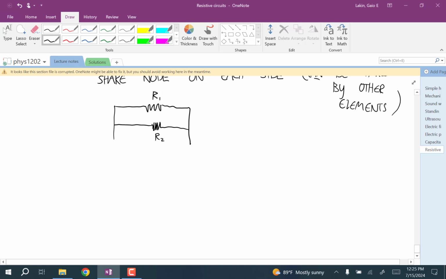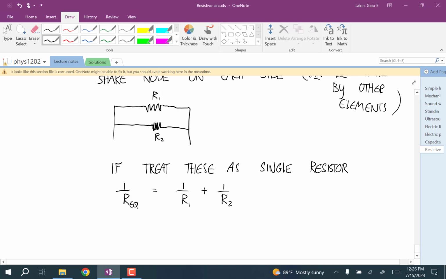And if you treat these as a single resistor, there's a different relationship. 1 over the equivalent resistance is equal to 1 over R1 plus 1 over R2.